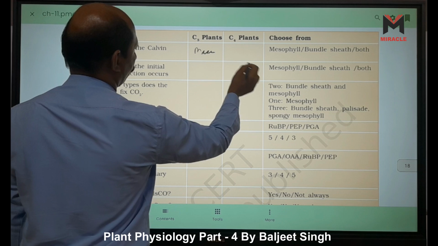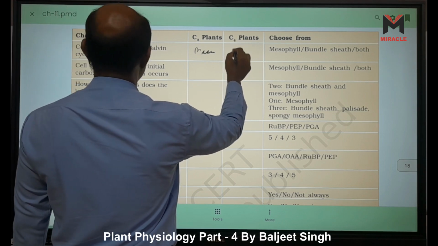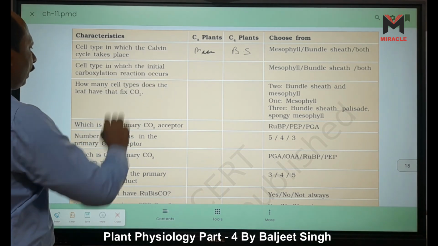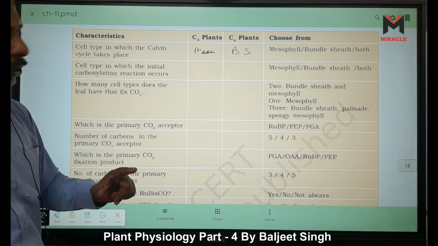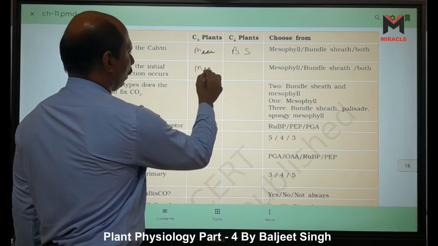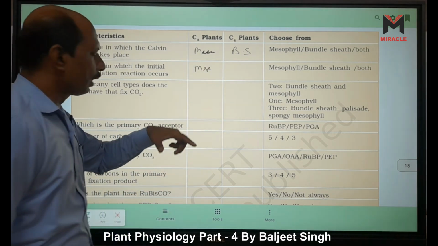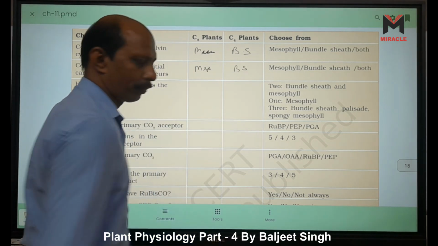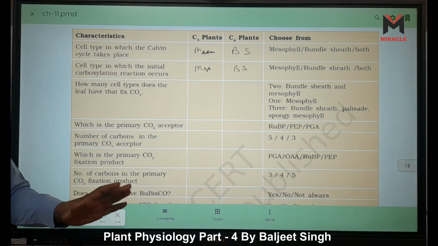And in case of C4 plant, the Calvin cycle takes place in bundle sheath cells. Correct? Cell type in which the initial carboxylation reaction occurs: it is in mesophyll cells, and here initial carboxylation reaction occurs where? It is in bundle sheath. Carboxylation means what? Carbon fixation.